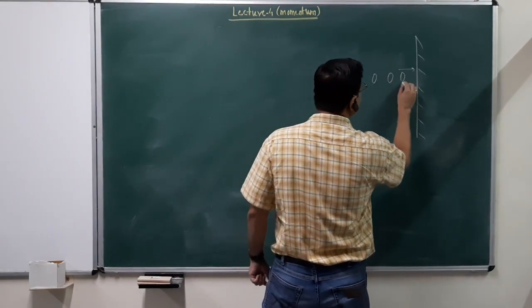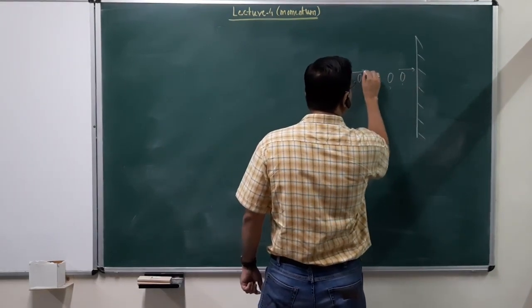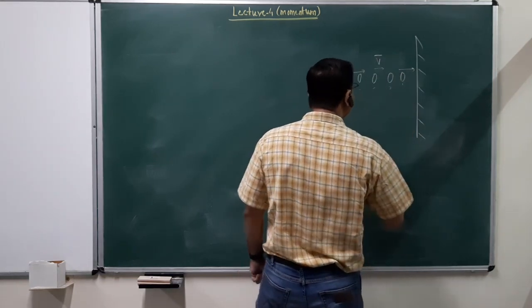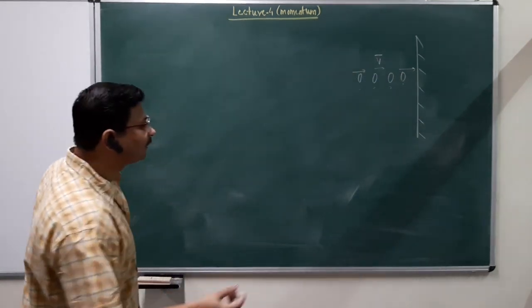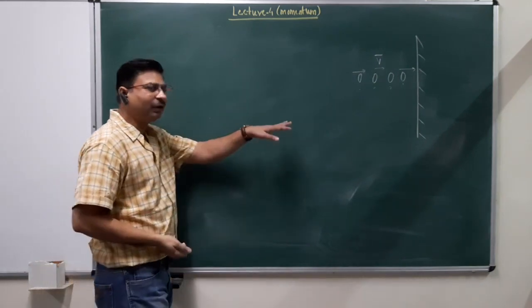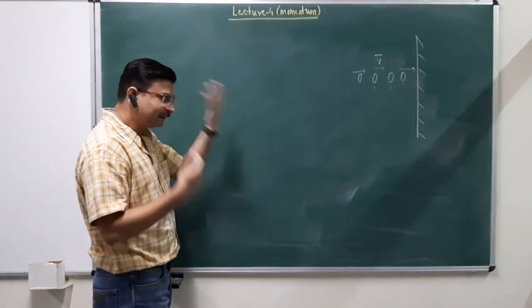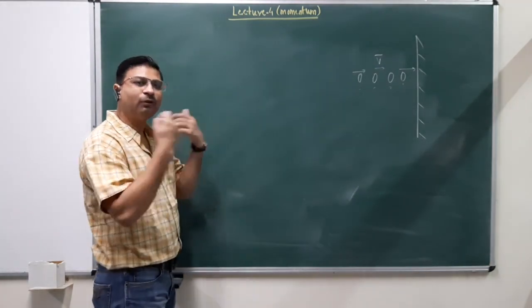So let's say I have a stream of particles 1, 2, 3, 4, which are all moving in the same direction with velocity v, hitting this wall. For the time being, we'll consider that after hitting the wall, they don't recoil back. There is no elastic collision. They don't come back. They simply fall down, so they lose all the momentum.